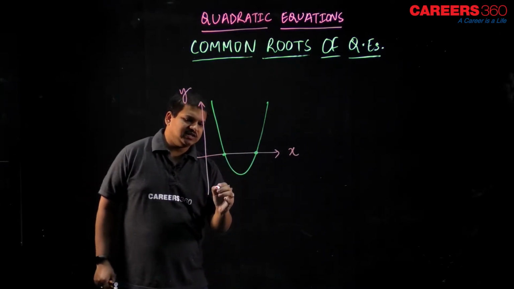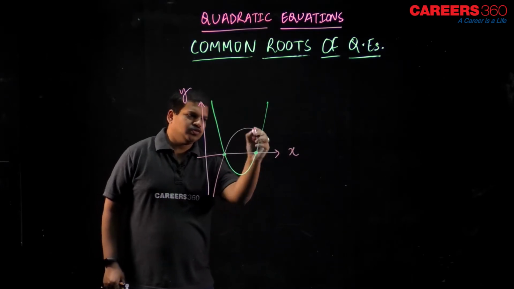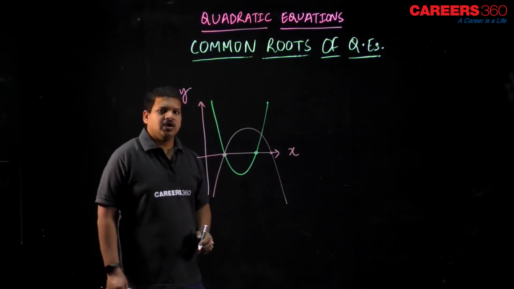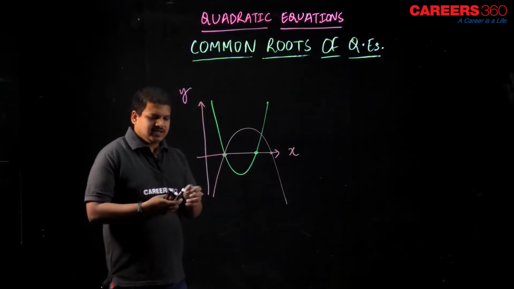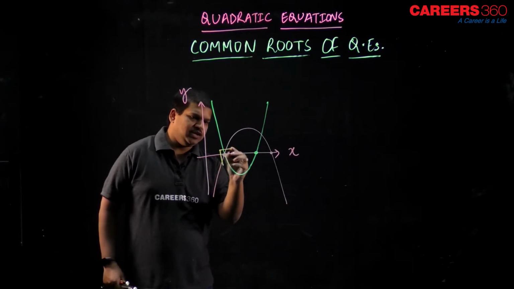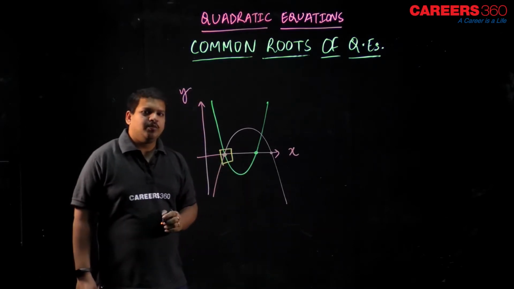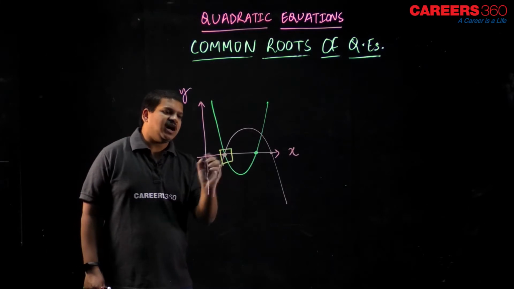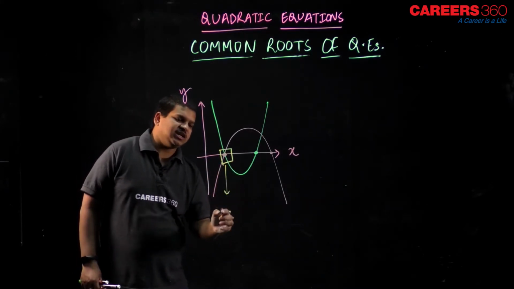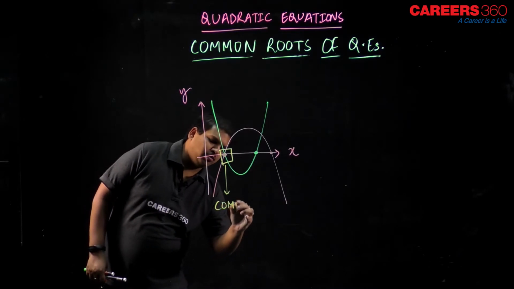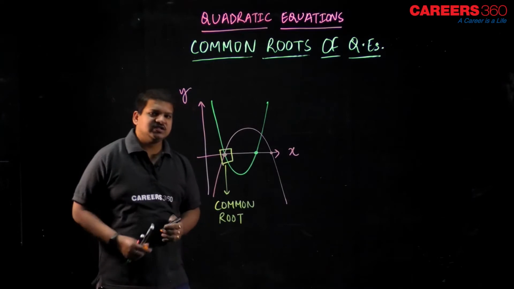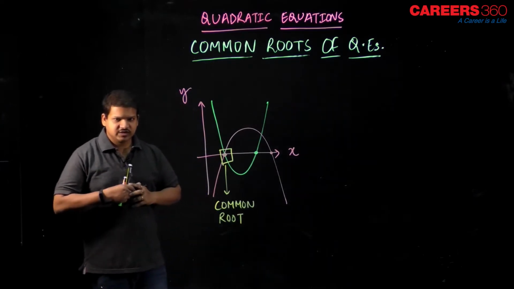So let's say there is this equation whose roots are like this, 1 and 2. So as you can see, there is this particular value where both the equations are coinciding, or I can say this is a common root of this quadratic equation, right?